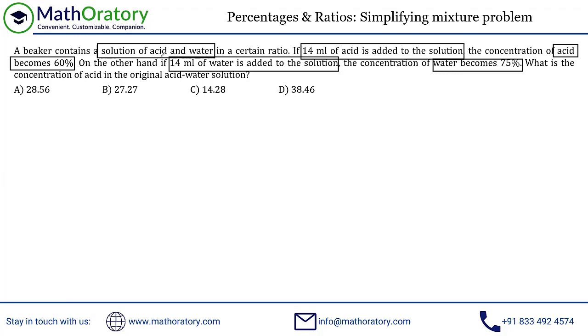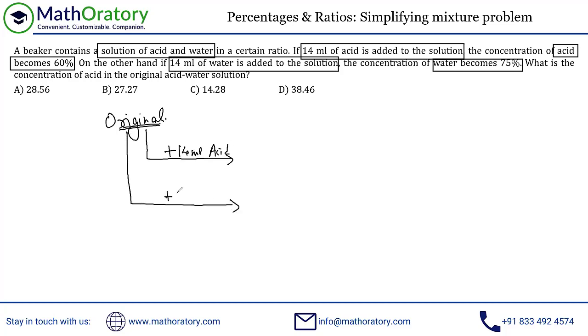So let's consider the original solution, whatever we have. In one scenario, we are adding 14 ml of acid to it. In another scenario, we are adding 14 ml of water to it, right?